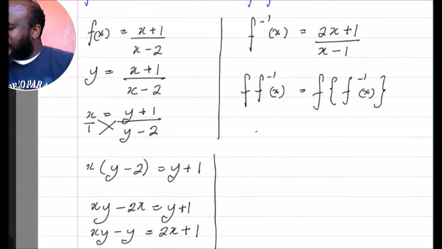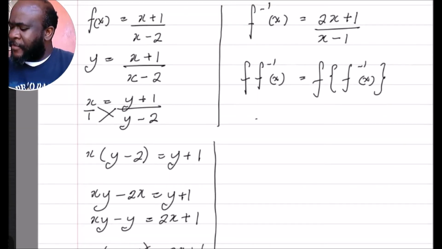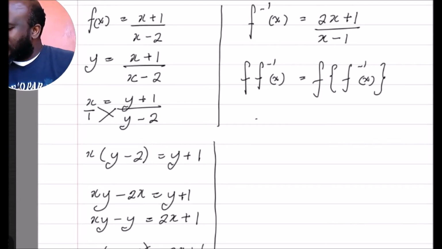Alright, and all of this is saying to obtain or derive this composite, I need in f, wherever I see x, I must take out x and put f inverse of x. Alright, so let's do that. So now in f, wherever I see x, at the top, the numerator is x plus 1, but I'm going to take out that x and put f inverse.